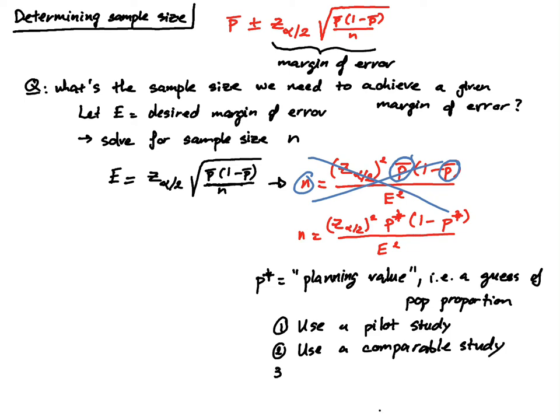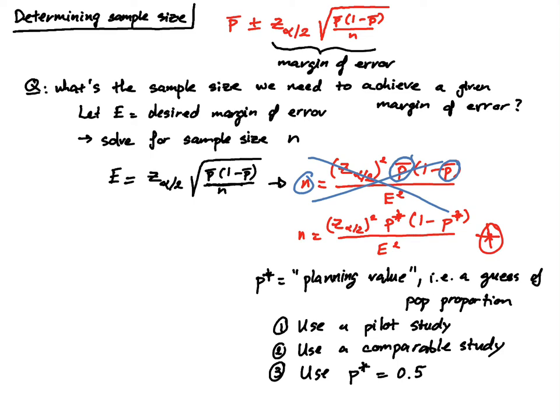And if we cannot obtain a reliable estimate using either of these methods, then we use a value of 0.5 for p star. Once we have p star, we just plug in numbers into this formula and determine the appropriate sample size.